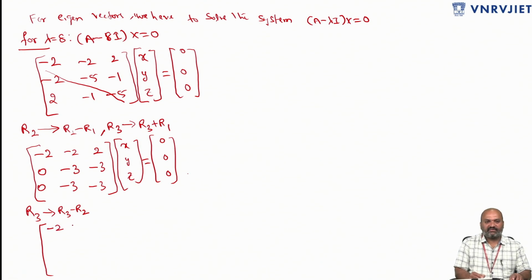First row we are not changing, so minus 2, minus 2, 2. Second row we are not changing: 0, minus 3, minus 3. Third row we are changing: 0, minus 3 minus of minus 3 is 0, and minus 3 minus of minus 3 is 0. So it is X, Y and Z equals 0, 0, 0.